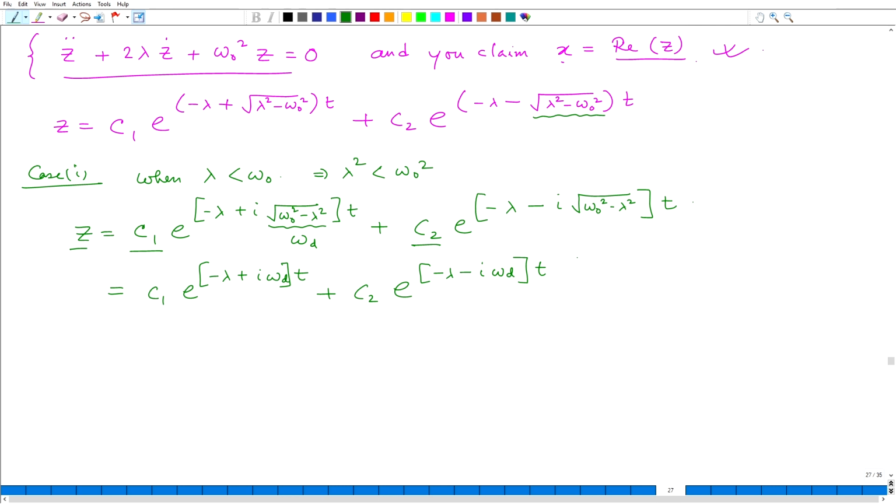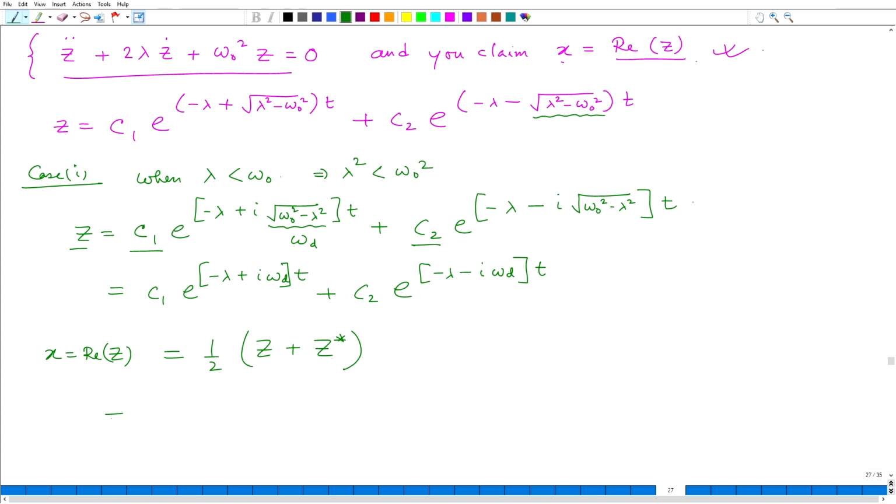Now finally, x will be the real part of z, which is half of z plus z conjugate.